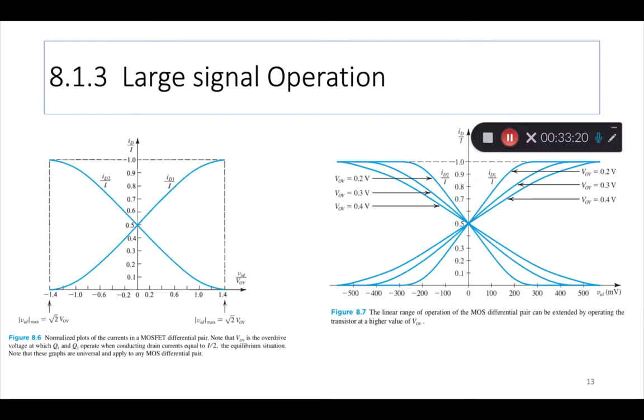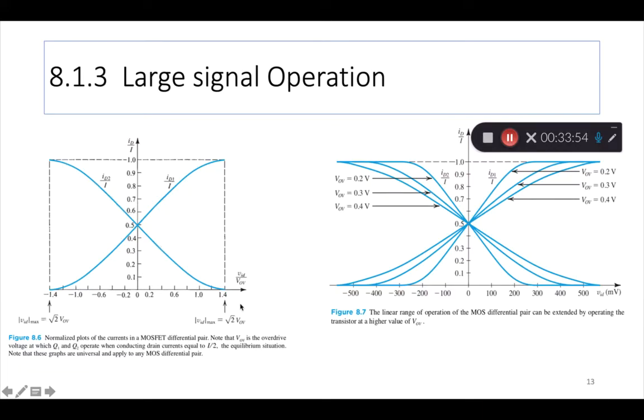When you're at root 2 VOV, and it's high when it's minus root 2 VOV. So this is the behavior of Q2 and this is the behavior of Q1, right? That's why we call it ID1 and ID2. So this graph is the behavior of Q1, this graph is the behavior of Q2.